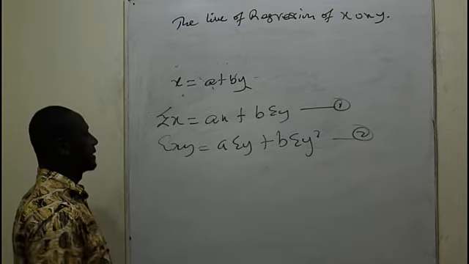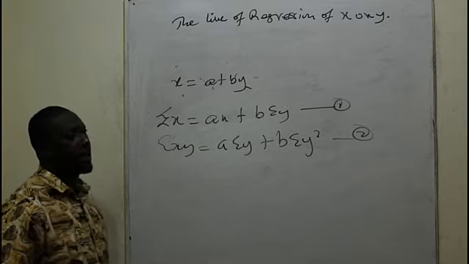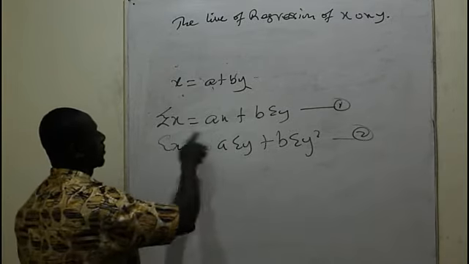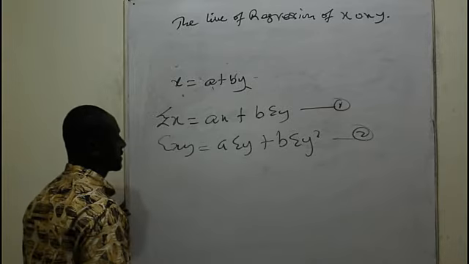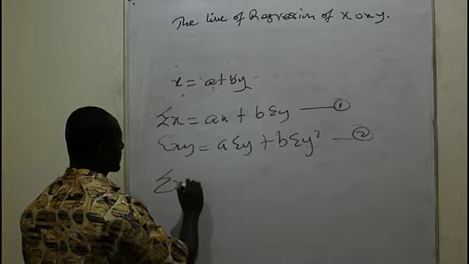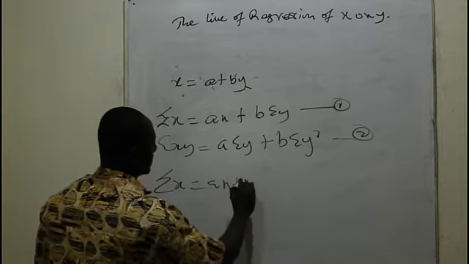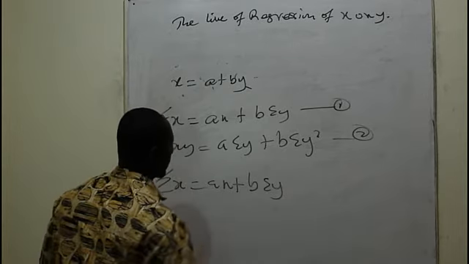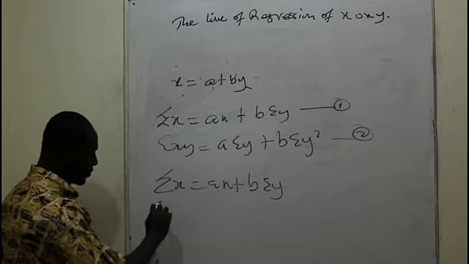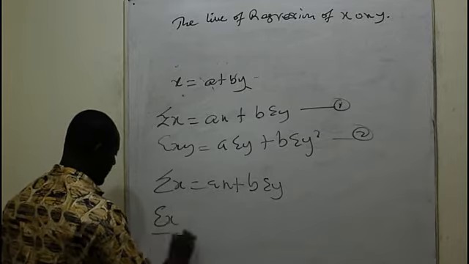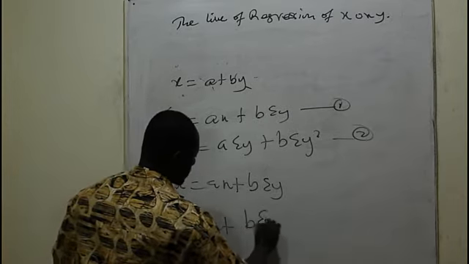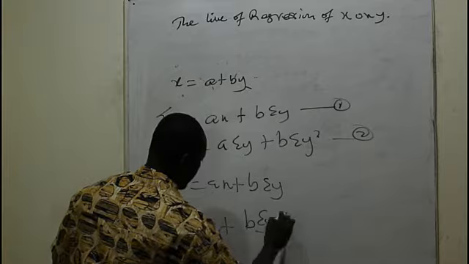Like I did for the first instance, we solve the two equations. In equation 1, summation of x is equal to a n plus b times summation of y. If you divide by n, you get summation of x over n is equal to a plus b times summation of y over n.